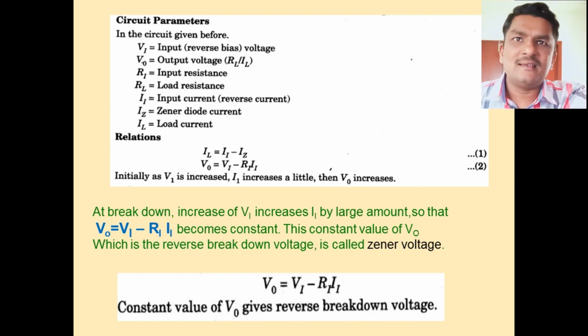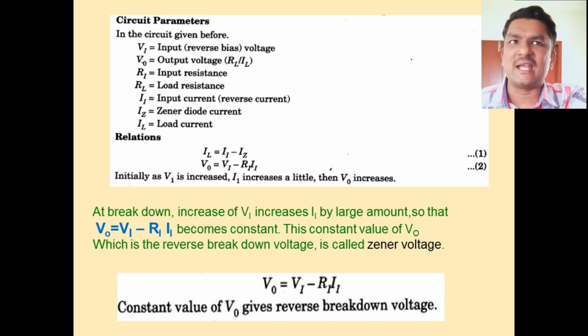I have explained the parameters. First one, VI, input reverse bias voltage. And VO, output voltage. And RI, input resistance. RL, load resistance.